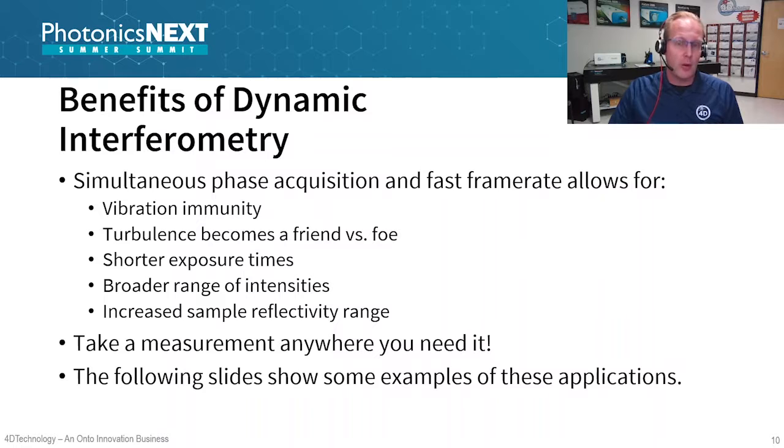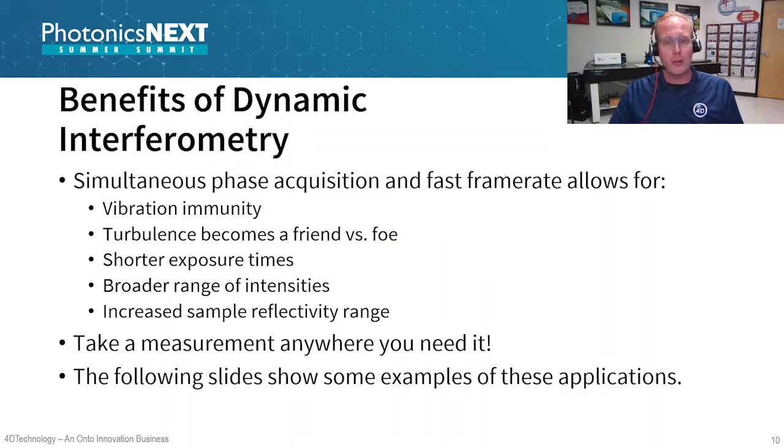The other nice thing about taking the measurements in a single frame is that turbulence becomes your friend versus your foe. If you think about measuring with standard temporal interferometry, as you shift the reference mirror with respect to your sample, any perturbation or airflow in the environment is going to print through in terms of where those fringes and that interference light go, because the turbulence and airflow can change the relative index of the air you're traveling through and slow up or speed up the light, causing the fringes to vary.